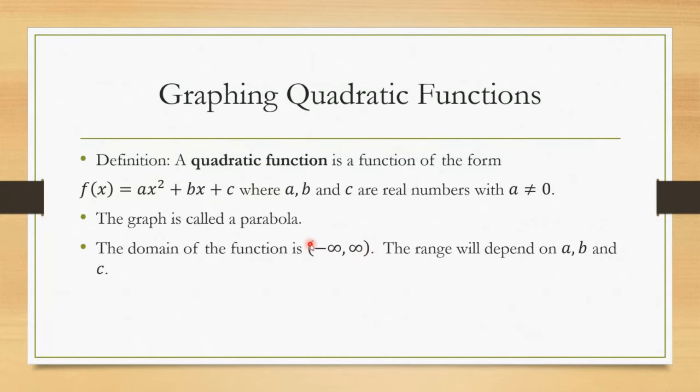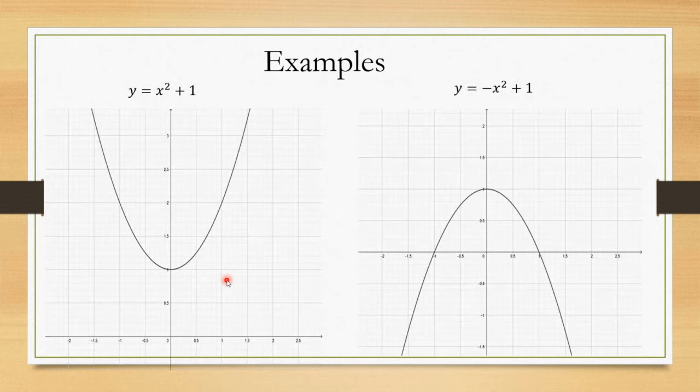The range will vary, though. The range basically is going to be from some number either up to infinity or down to minus infinity. You'll see it's actually going to be a half-open interval, and it will depend on A, B, and C. Now, here I produced some examples using GeoGebra.